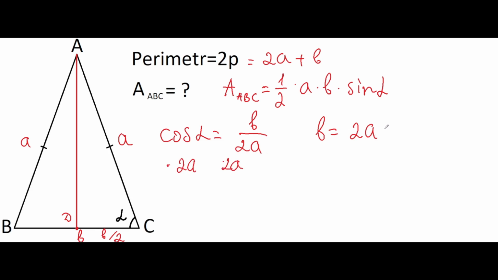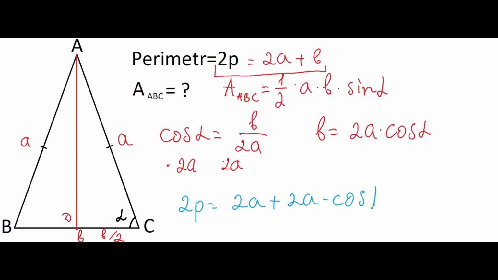And we can put 2A cosine alpha instead of B here. So 2P will be equal to 2A plus 2A times cosine alpha.